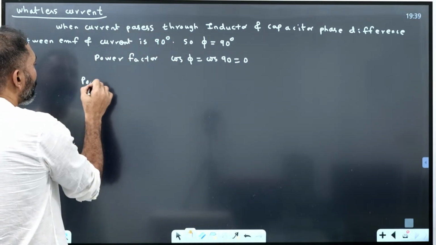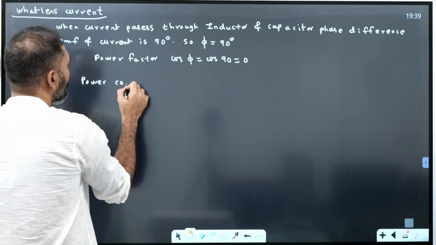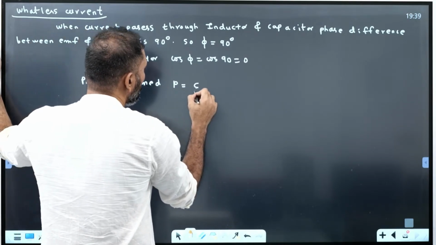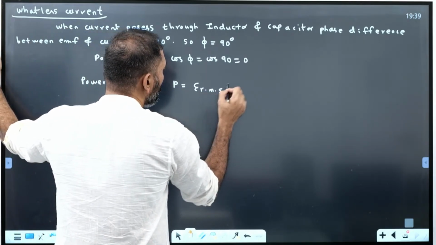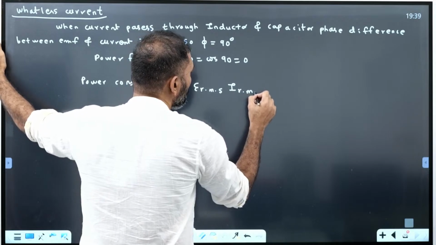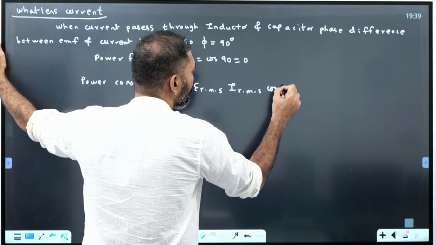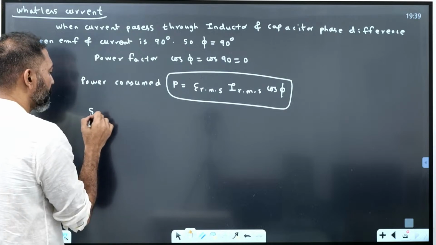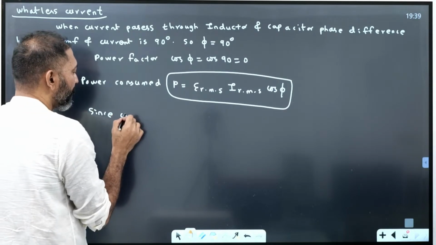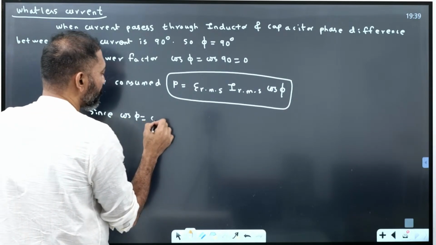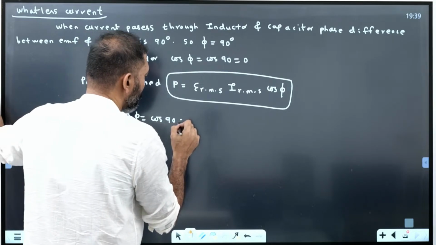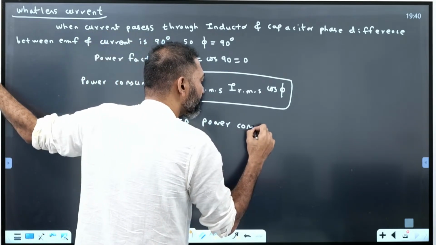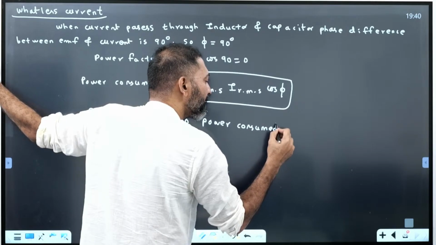Power consumed equation is what? Power consumed P is equal to ERMS IRMS into cos phi. Since cos phi is equal to cos 90 equal to 0, power consumed will be 0.